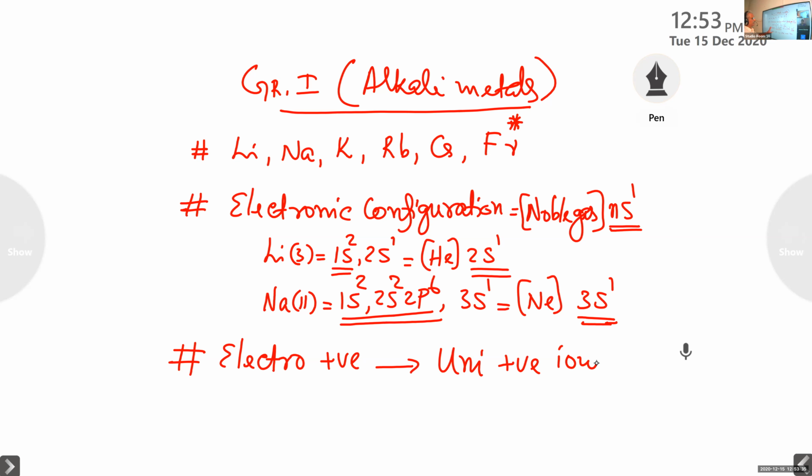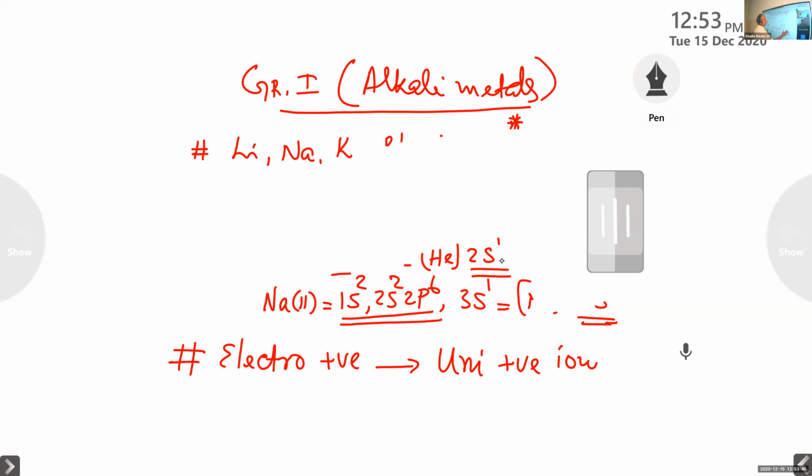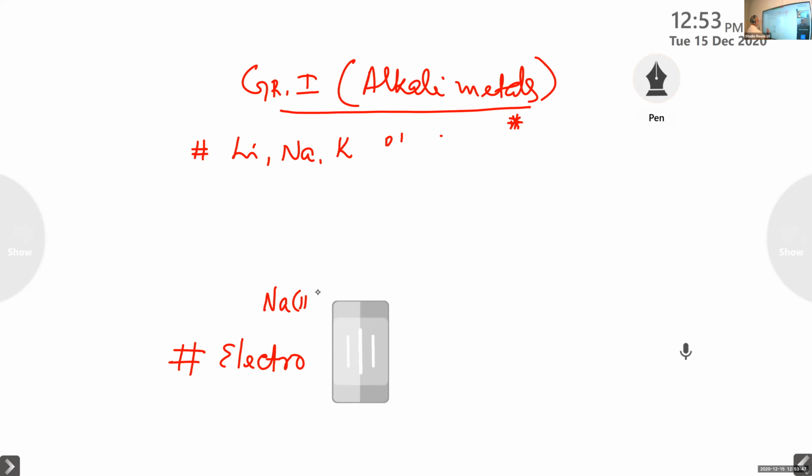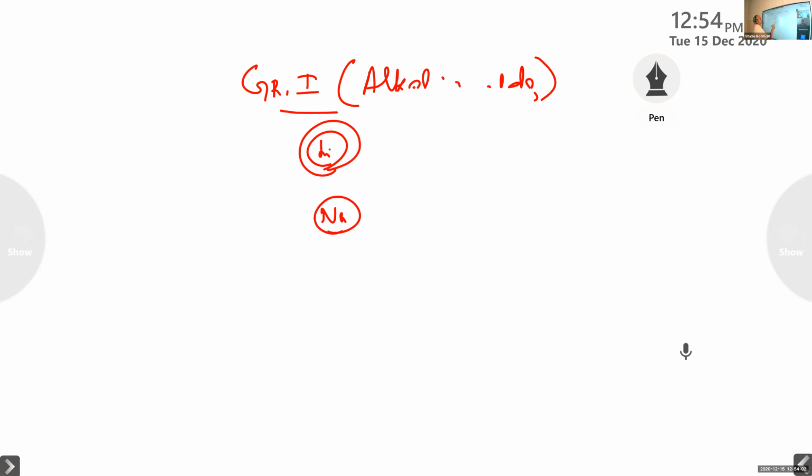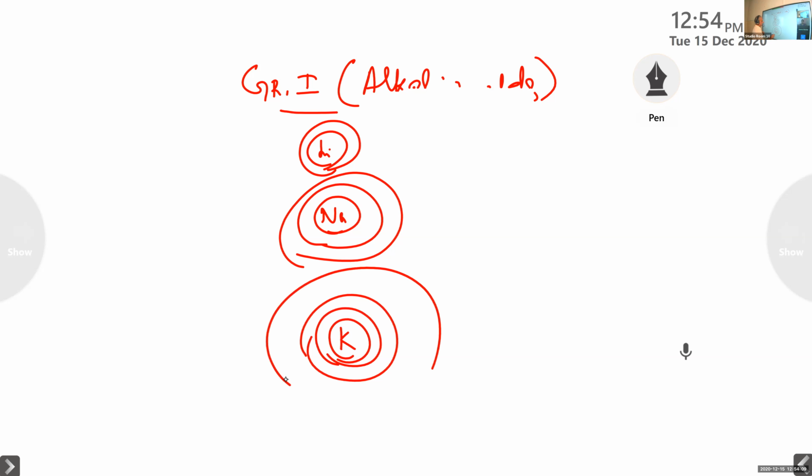Now think of the tendency to lose electron from top to bottom. What will it be? You know, from top to bottom, what happens to the atomic size? Say lithium, then sodium, there are three shells, then potassium, 1, 2, 3, 4 shells.